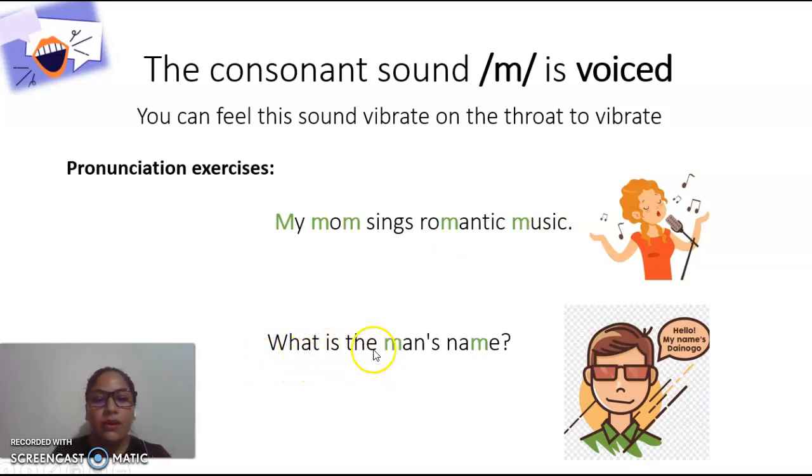Where is the man's name? Okay, again, more quickly. Where is the man's name? Okay, again. Where is the man's name? Okay, this one is easier.